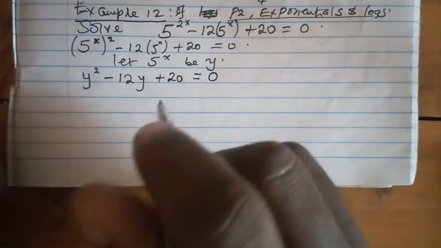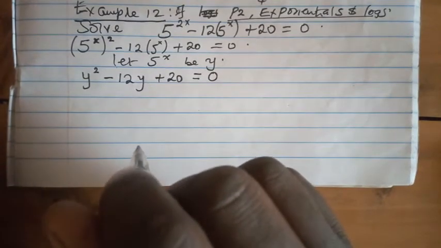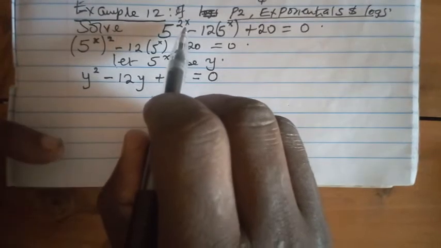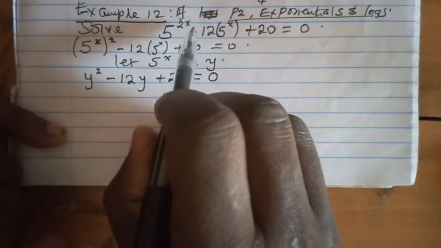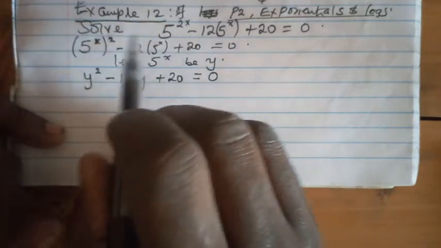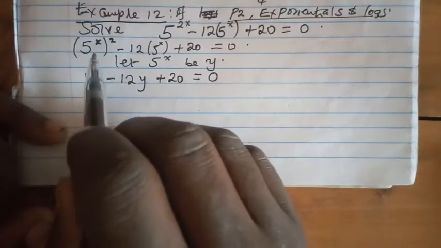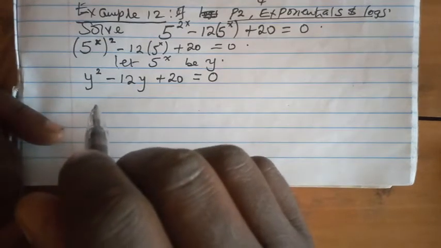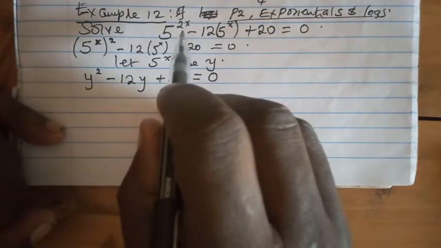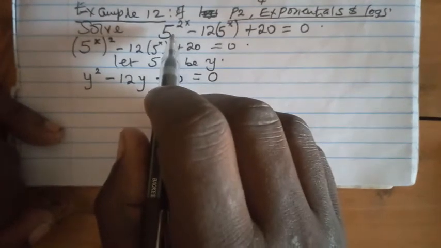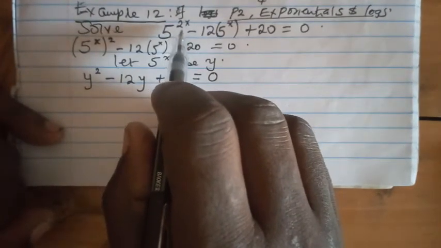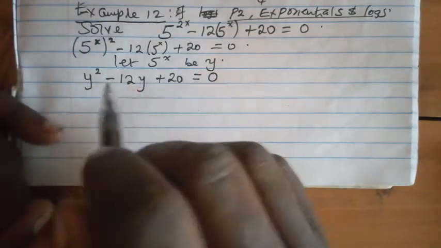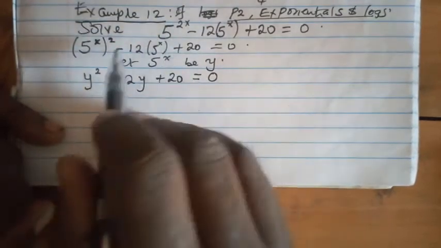The reason why we introduce y as the variable and leave x, because x was in the index position, is that the moment we realize that it's going to be a quadratic equation, we have been able to rewrite it in such a way that it suits a perfect quadratic equation, because the law of indices dictates that 5 raised to power 2x is the same as 5 raised to power x in bracket squared, because this is just the product of this.